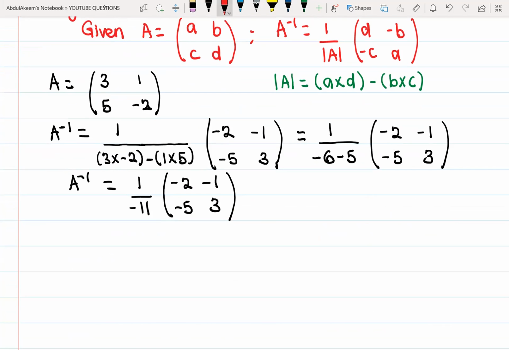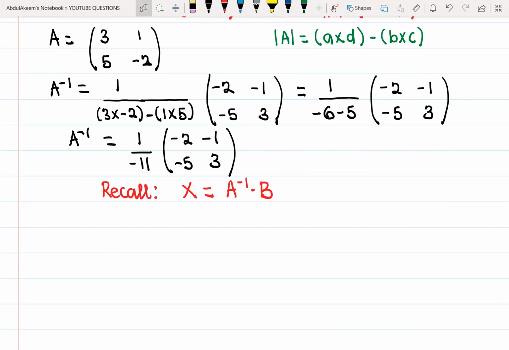So we are going to recall that matrix X equals A inverse times B. So what are we now going to do here? That means my matrix X, what is my matrix X? My matrix X is [a; b].